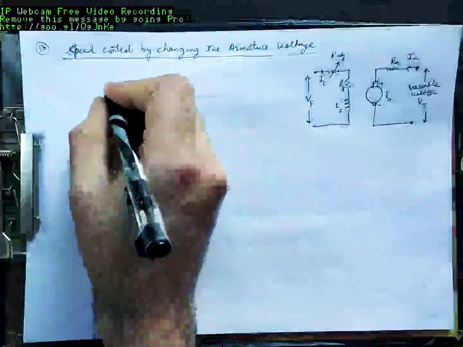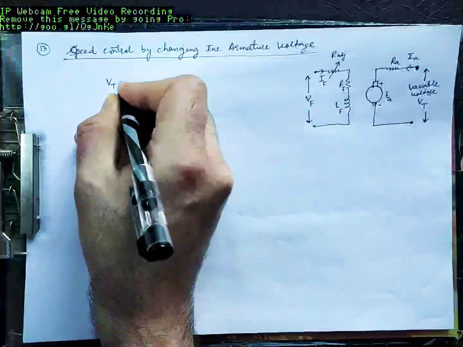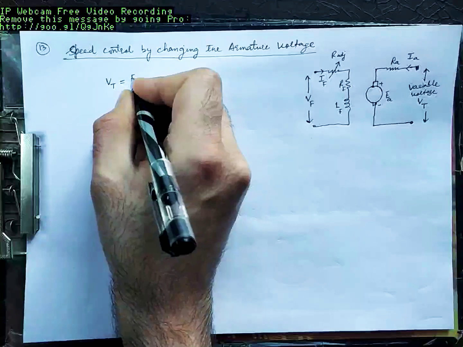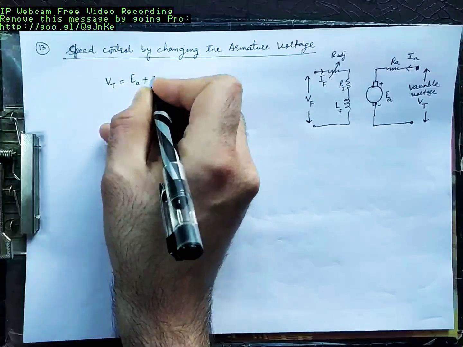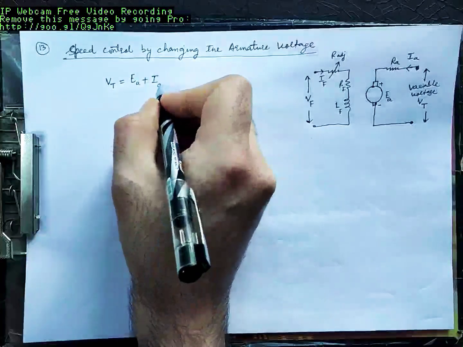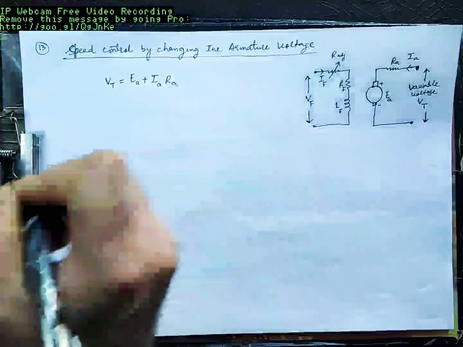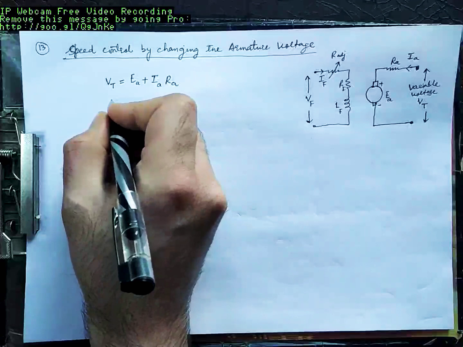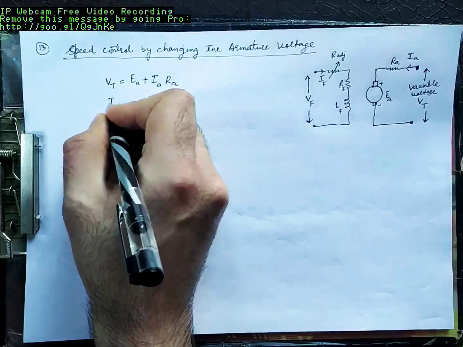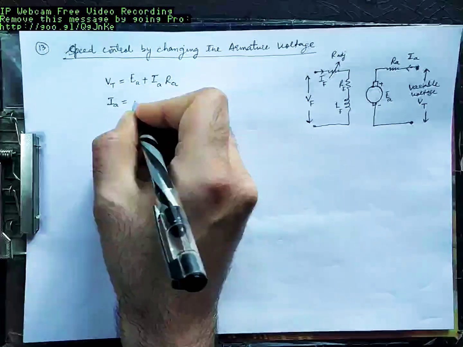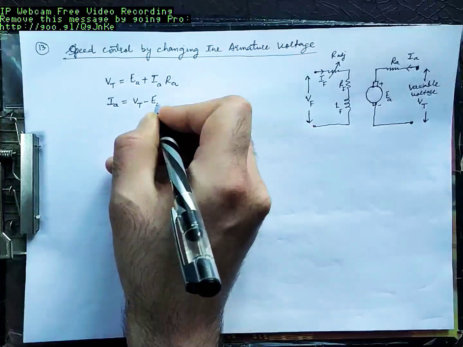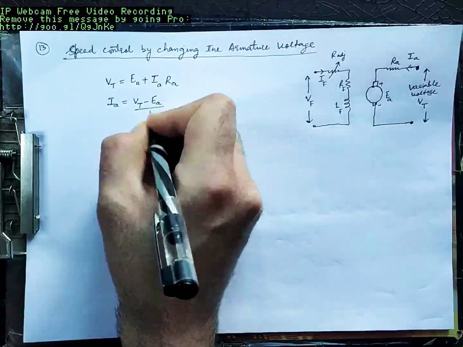We know the expression for the armature circuit of this motor: VT is equivalent to EA plus IA RA. Or we can also write this as IA is equivalent to VT minus EA divided by RA.